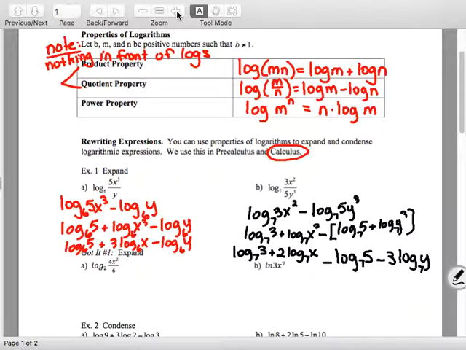All right, so take your time. I'm going to pause, and I want you to try the got it number 1. Do A and B where we're expanding.